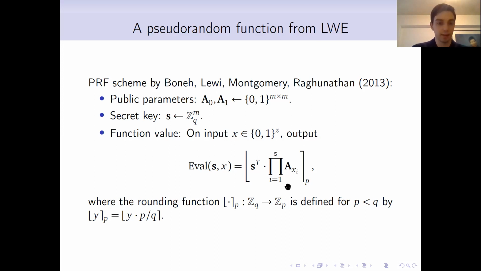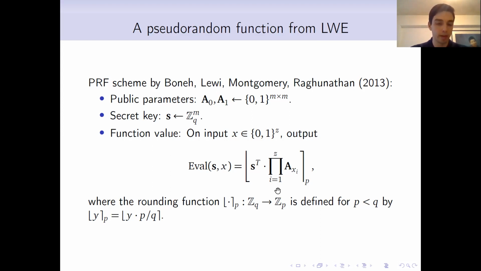In an LWE sample, we had a matrix A multiplied by s plus some small error e. Here, since the output of the pseudorandom function is deterministic, this evaluation algorithm must be deterministic, we cannot have that random error. And so we have this rounding operation performing that role.